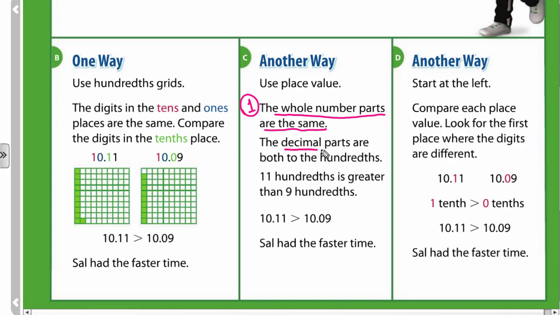The decimal parts here are both hundredths. What's the meaning of hundredths again? Two digits to the right of the point. 1, 2, 1, 2. So we have the same number of digits to the right of the point, and we will get the same answer, that 10.11 is greater than 10.09.